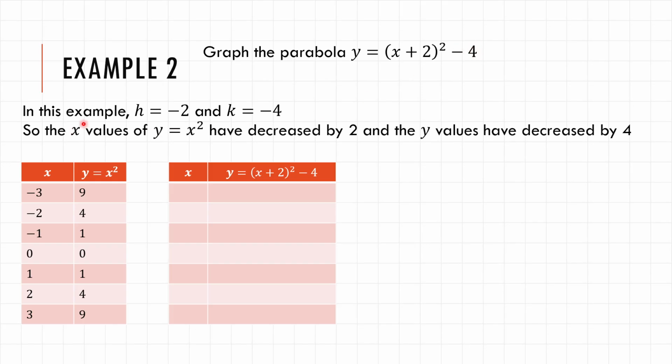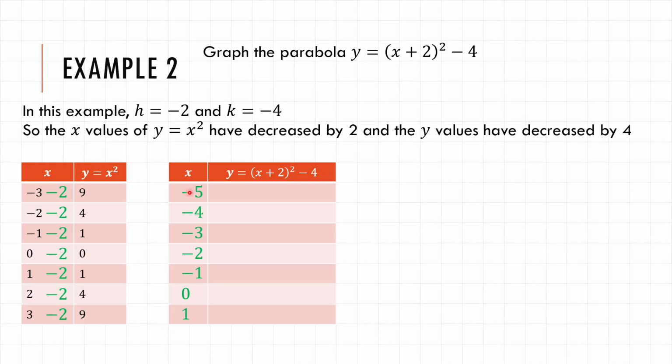So the x values of this basic quadratic have all decreased by 2. And the y values have all decreased by 4. In other words, I could just take all of these x values and subtract 2 to find the new x value. That's -5. -2 minus 2 is -4. And I can do that for all of these x values right here.